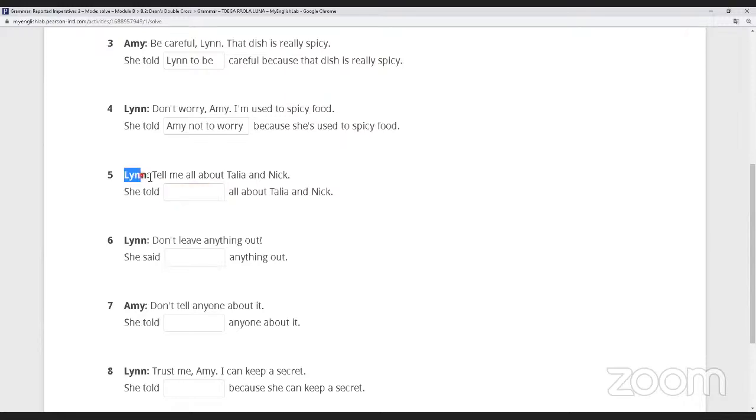Okay, who is the person who is given the instructions, the advice? Tell me all about Talia and me. She told who? Lynn, maybe?